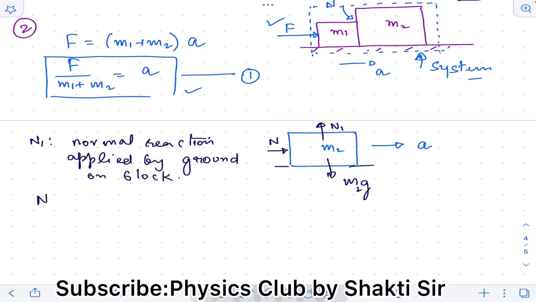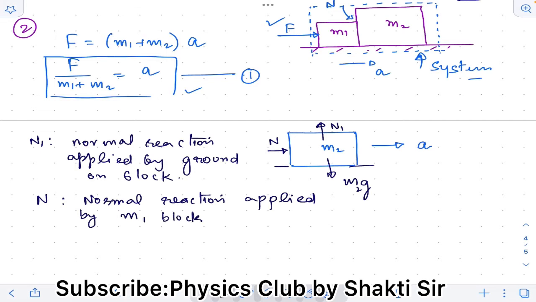And N is the normal reaction applied by the m1 block, right? And m2g is the gravitational force applied by the earth on the m2 block.